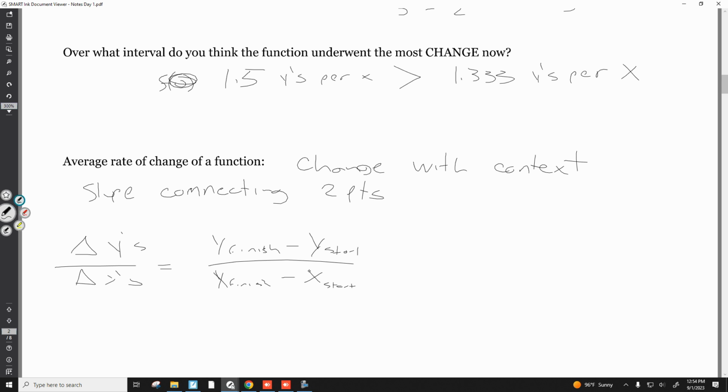You take those two values, divide, and you get a number. With that number, you now can say, on average, this is how much my function is changing. On average, this is how f of x, or whatever function it is, how quickly it's going up or down per x.